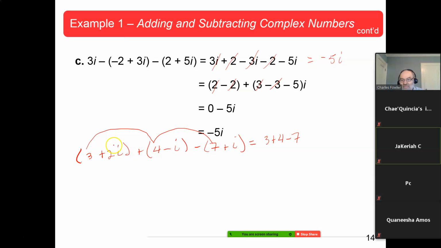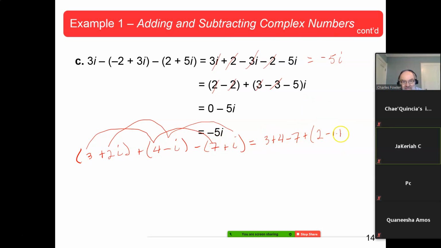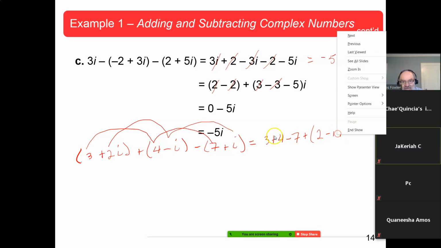Then let's group these. 2i minus i would be i plus i. That's going to be a 0. Now I'll write it the way they do. I don't particularly have a special reason for doing that. That would be a 2 minus 1. Whoa, I said it wrong. Yeah, no, minus i, minus 1. Because this is a minus sign there.